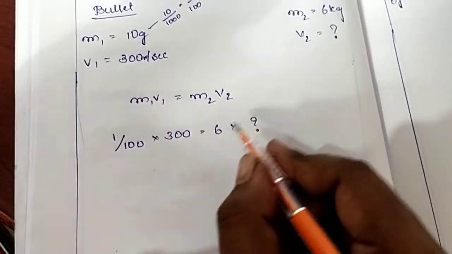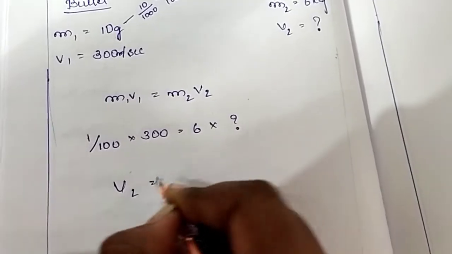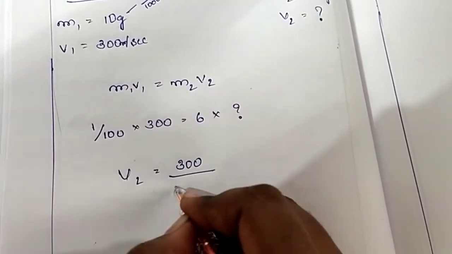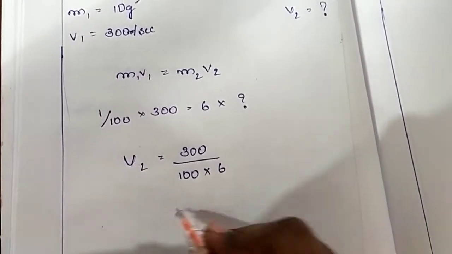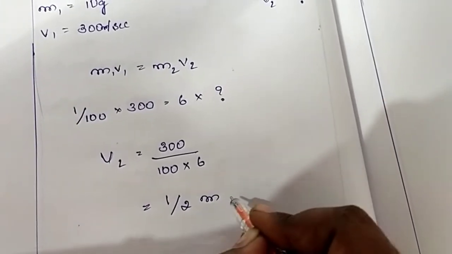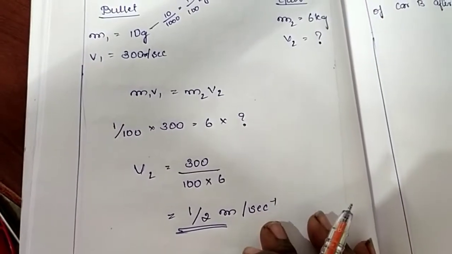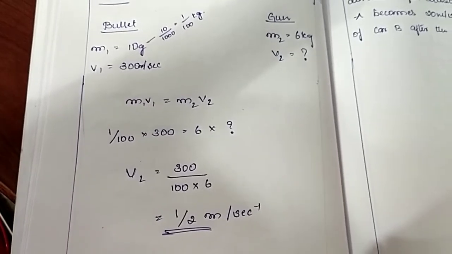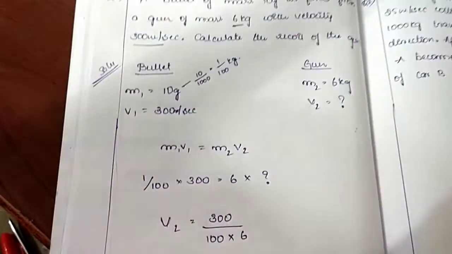Let us find v2. v2 is equal to 300 divided by 100 into 6. That will give 1 by 2 meter per second. So this is the velocity of recoil of the gun. Got it, children? This is the solution.